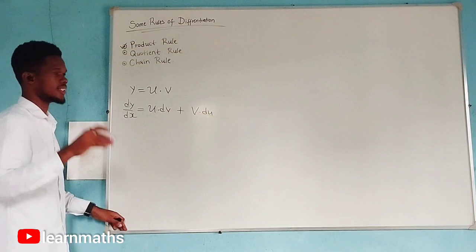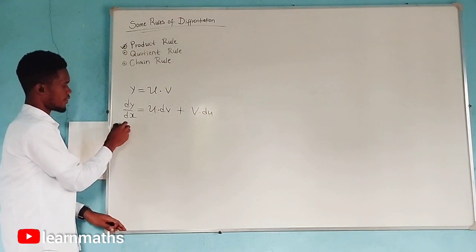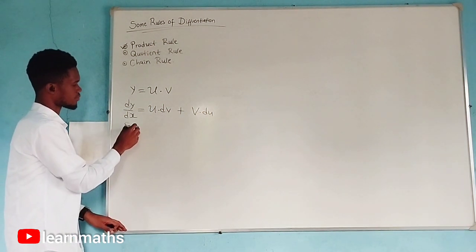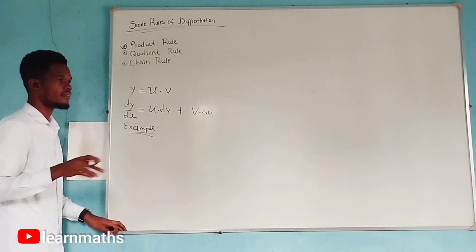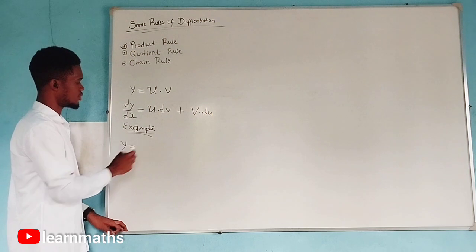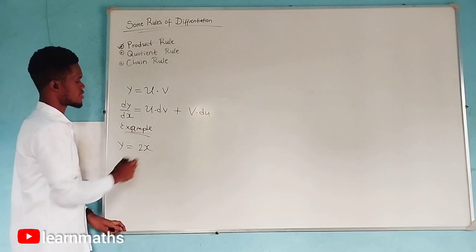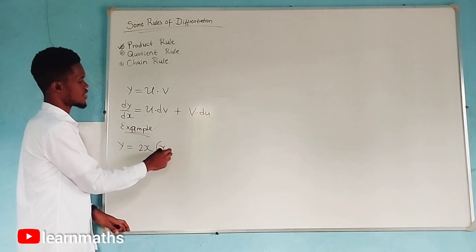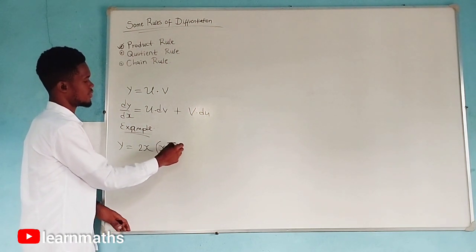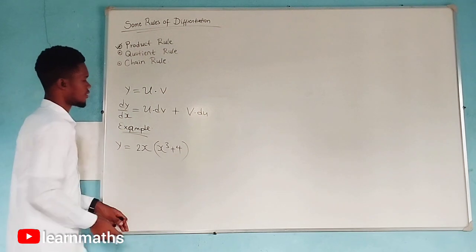Now let's take an example on that product rule. Now if you have this function y equal to 2x, then in brackets, x raised to power 3 plus, let's say 4, right?